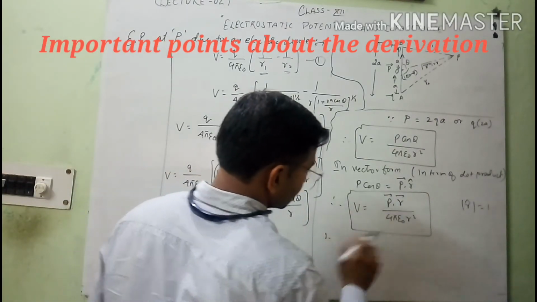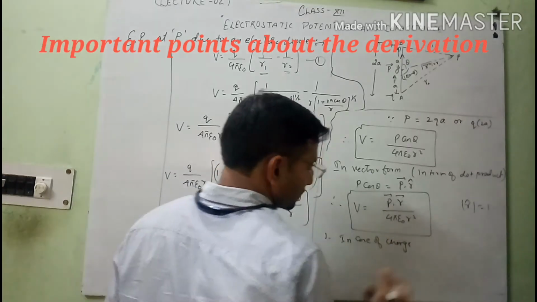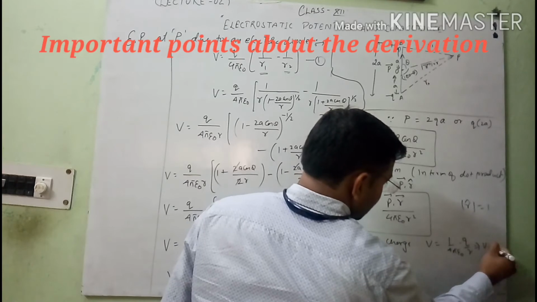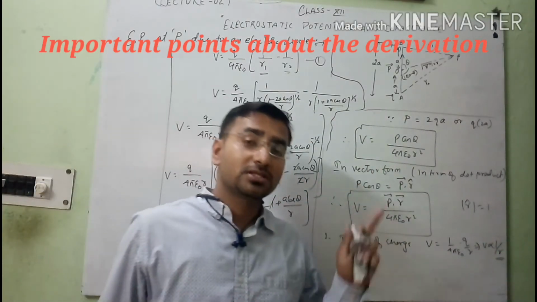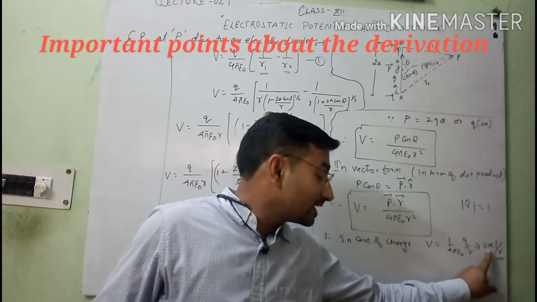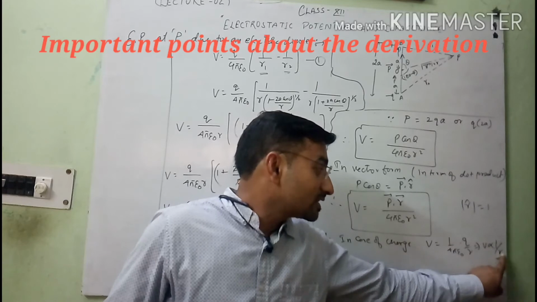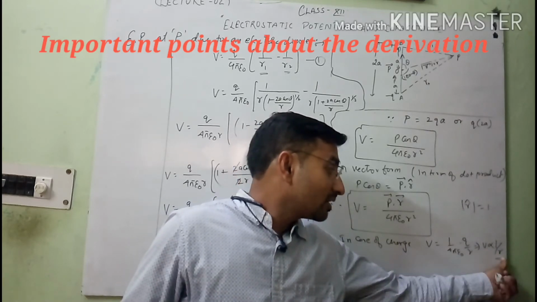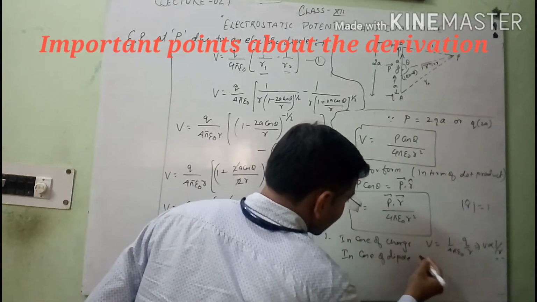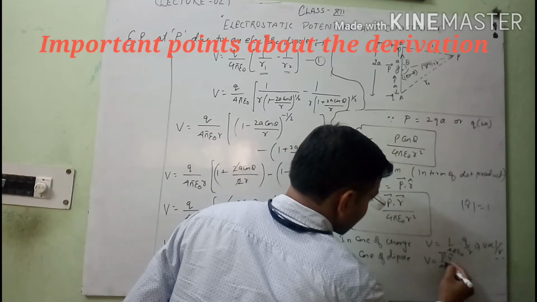See, first case is, listen: as you know, in case of a charge, that is, electrostatic potential at any point due to a charge, we know that V is equal to 1 over 4 pi epsilon naught Q by R. It implies V is inversely proportional to R. So the value of V varies with respect to R such that V is inversely proportional to R. But in case of a dipole, V is equal to 1 over 4 pi epsilon naught, P dot r cap over R square.